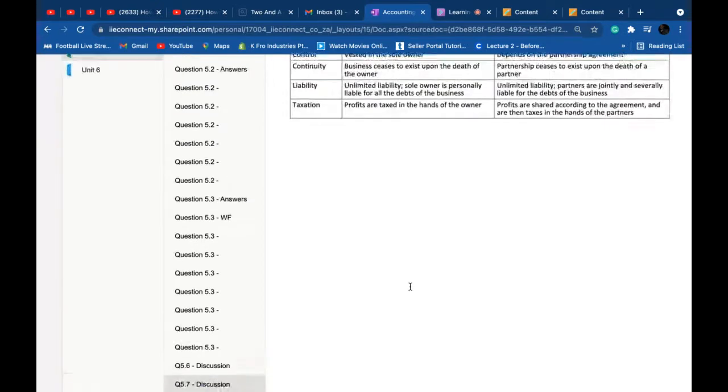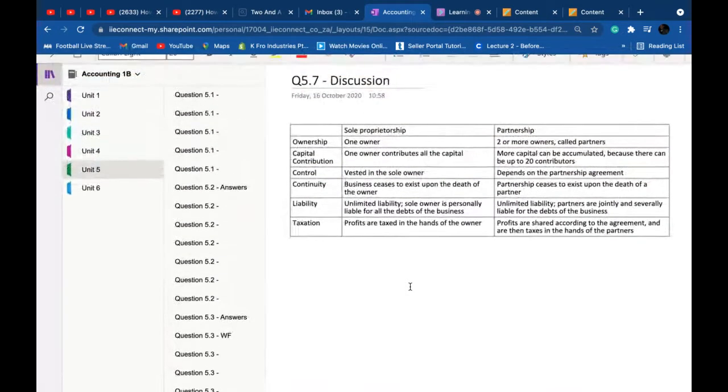And then question 5.7, another discussion question that they have for us there. Differentiate between sole proprietorship and a partnership under the headings listed in the below table. Okay, so this is not rocket science. I think a lot of you guys should know this already.